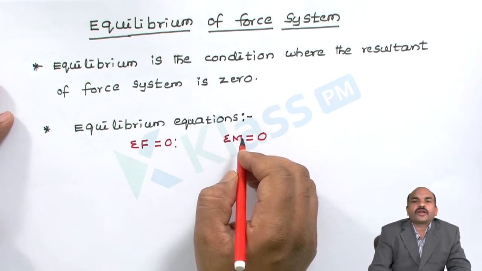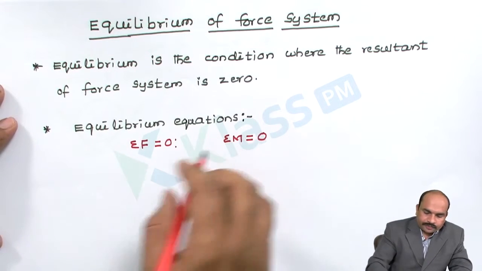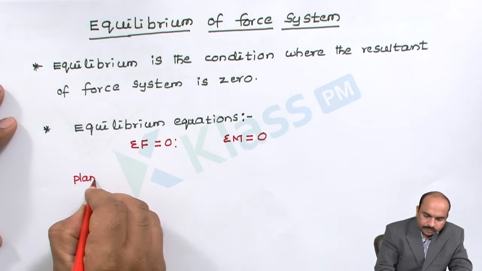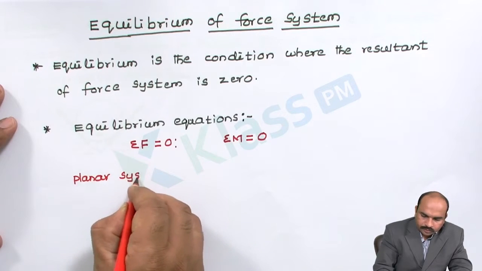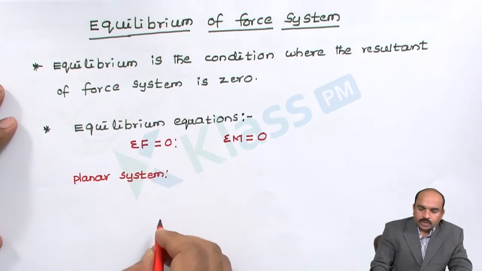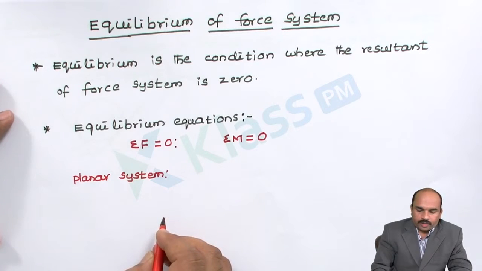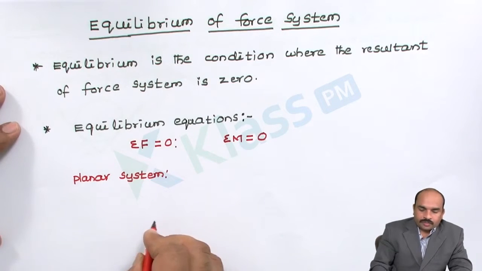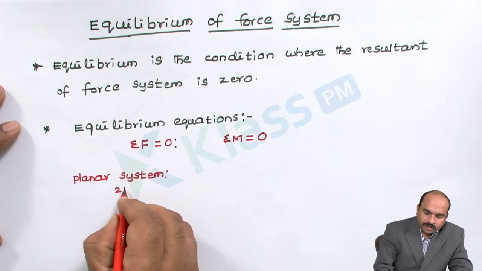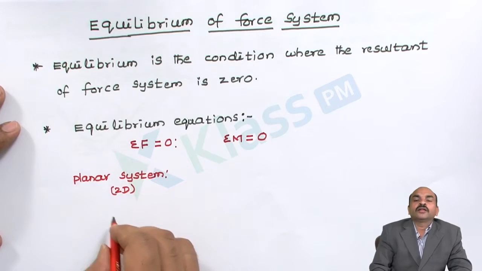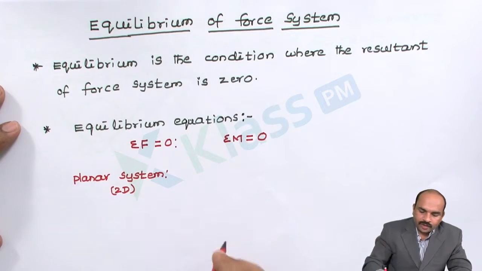Now let's take a planar system. Planar system means it is a two-dimensional system where there are two axes, that is x and y.